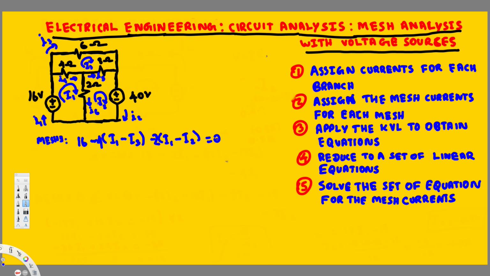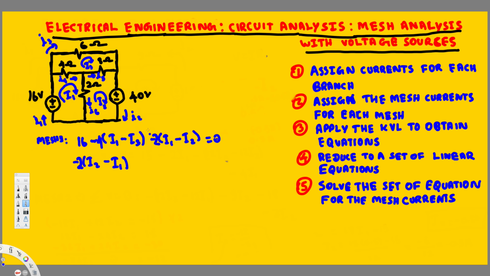Now let's look at the second mesh. Let's start from this middle part. Here I2 goes along this path, so that's going to be minus I2. And I1 is going against I2, so this is going to be positive I1. If I put a minus, that makes it a positive I1. The resistance in between is 2, so we put 2 in front, right?